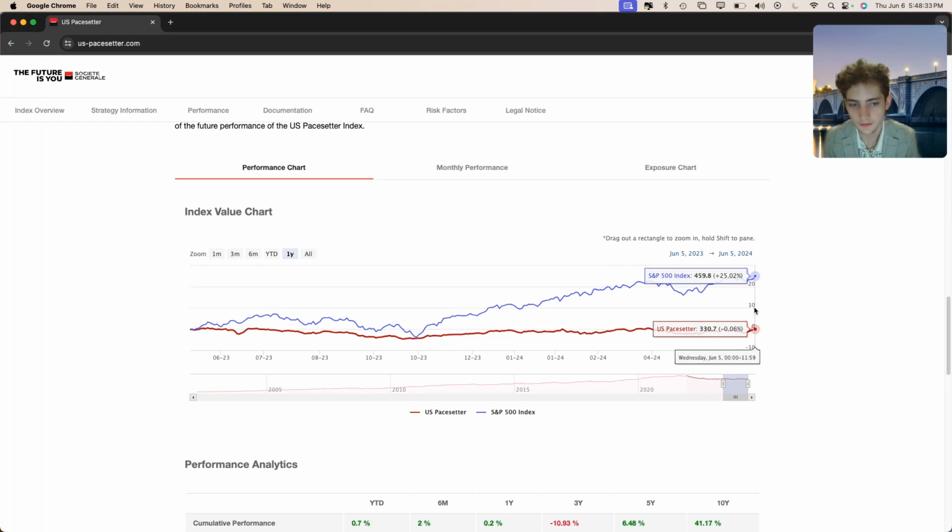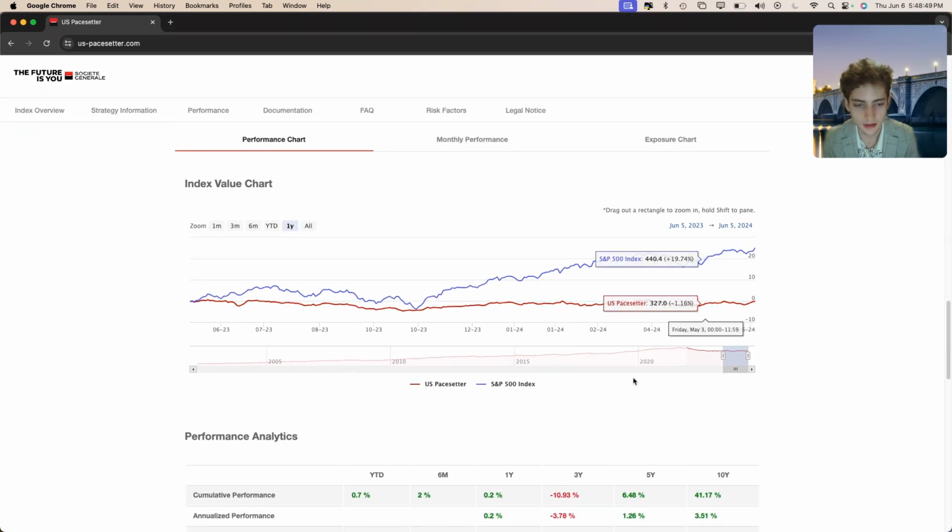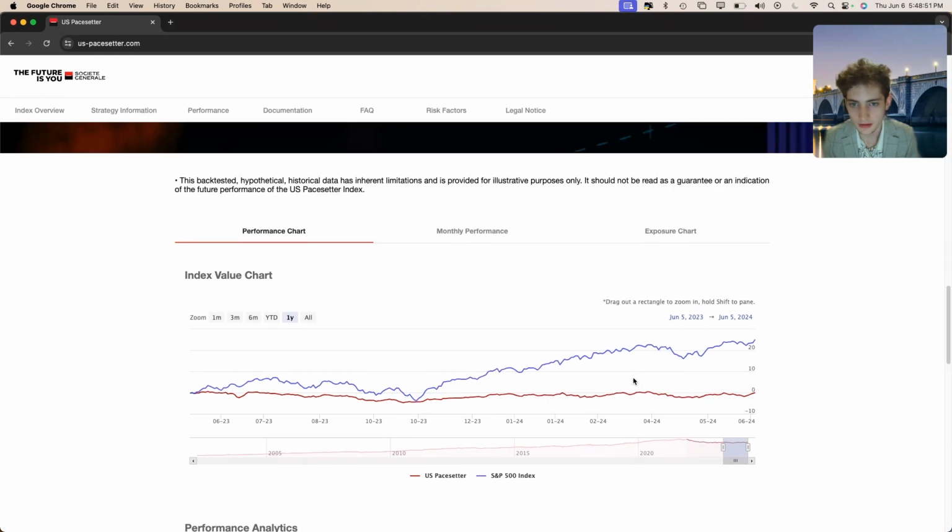The US Pacesetter, this index, has only returned negative 0.06%, which of course is not great for people who are invested in this index or the actual insurance policies that use this as the index for their underlying cash value. The S&P 500, as we can see, absolutely outperformed this particular index, which of course makes sense because with the S&P 500, you're investing directly into the stock market.